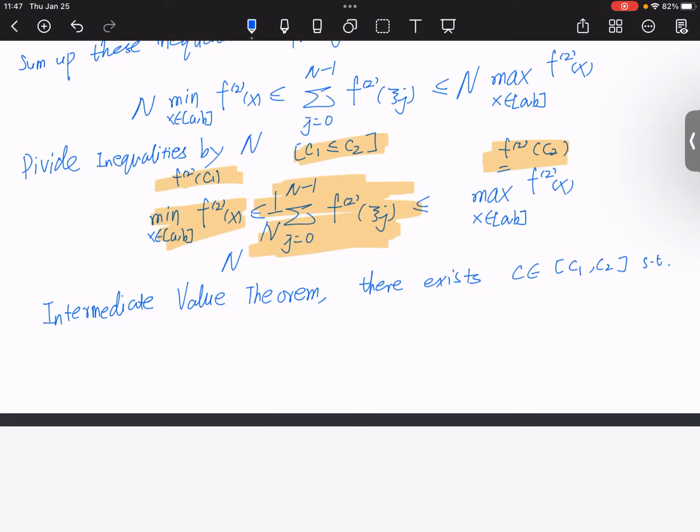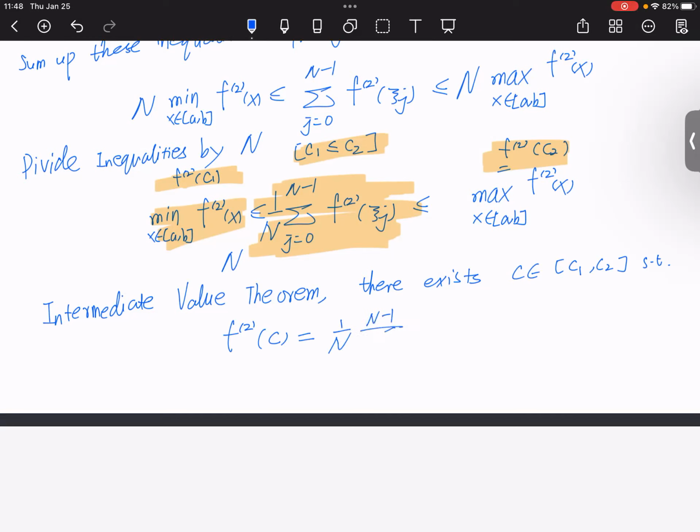And from the intermediate value theorem, because this is a value in between, there is a C inside this interval C1 and C2 such that the second derivative evaluated at this C equals 1 over n times the sum.